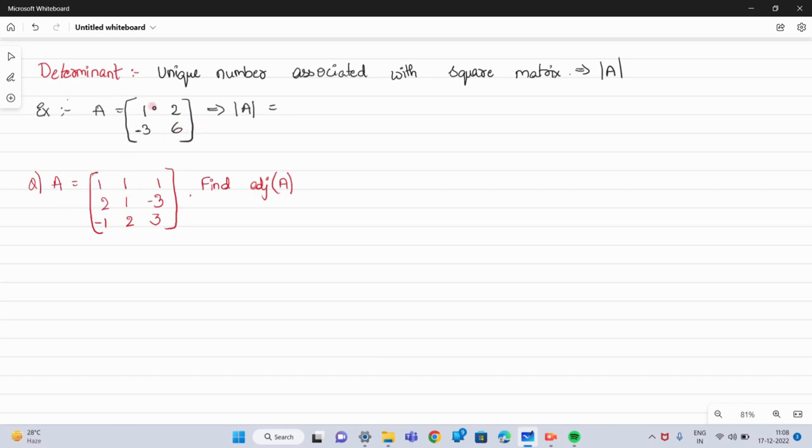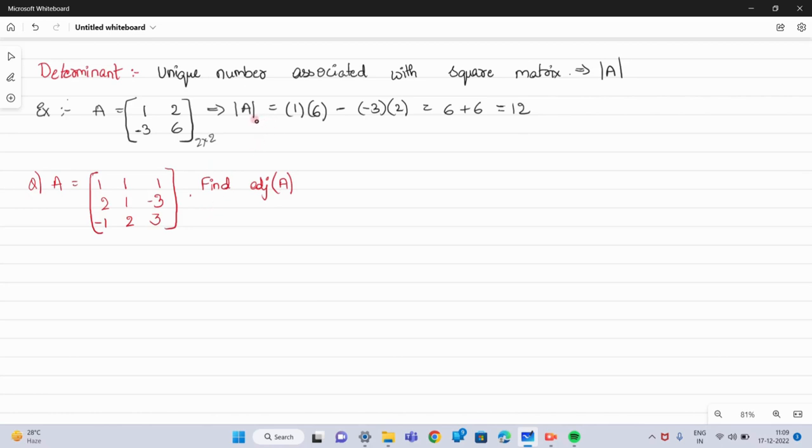Just multiply the diagonal elements first, which is 1 into 6, minus the product of the non-diagonal elements, which is minus 3 into 2, which is 6 plus 6, that is 12. This is the determinant, the unique number associated with this square matrix of order 2 cross 2.